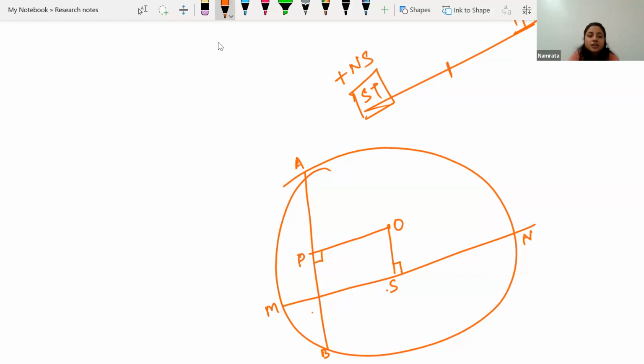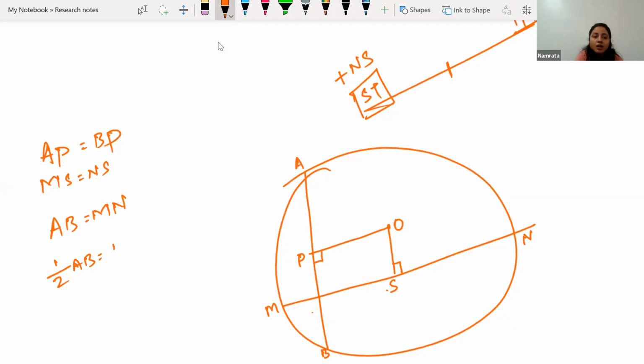Okay. Now we are saying that we have got that AP, BP same. We have also got that MS, NS same. We know that AB is equals to MN. That means half of AB is equals to half of MN. Okay, this was given to us. Now from here we are saying half of AB.